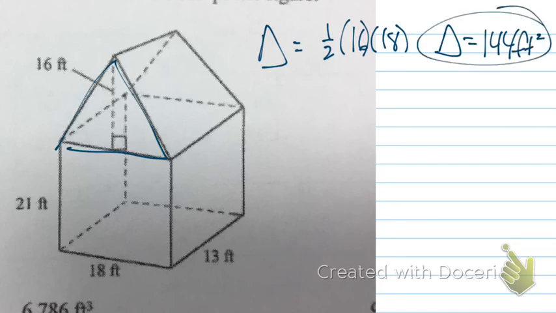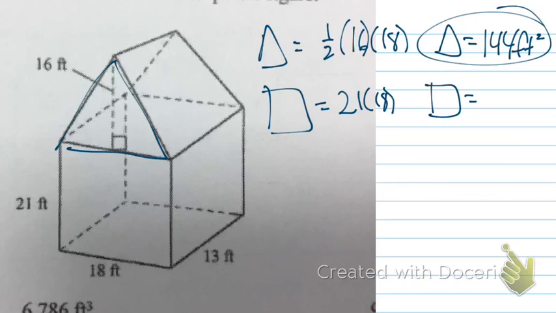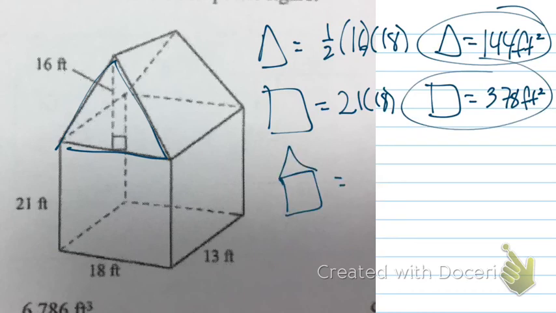And then I did 21 times 18. And so your rectangle area is 378. 378 square feet. And then I added those and multiplied them by 2. When you added them, what'd you get? 522.